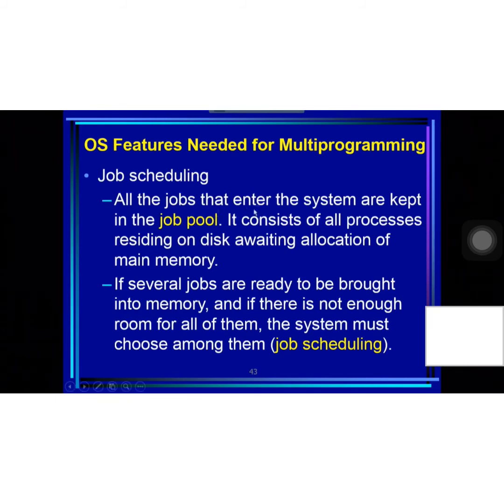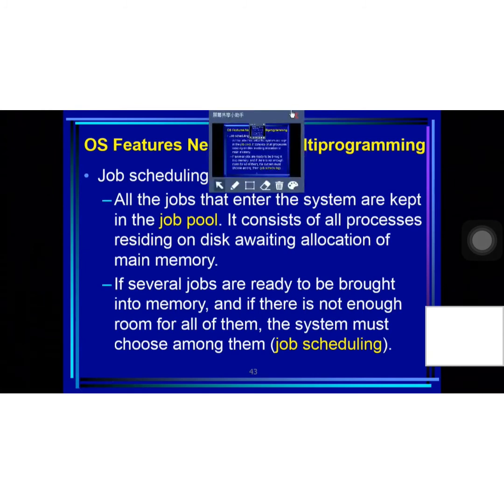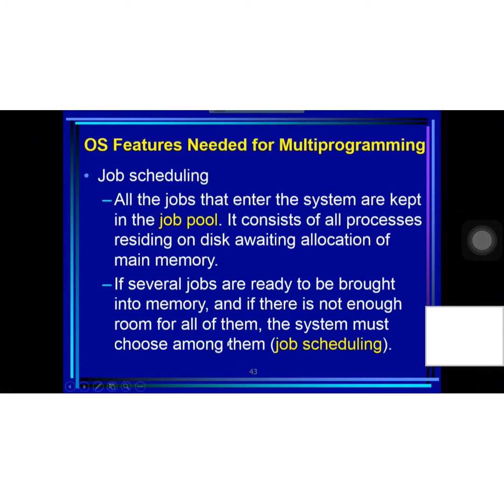All the jobs that enter the system are kept in the job pool. It consists of all processes residing on disk awaiting allocation of main memory. If several jobs are ready to be brought into memory, and if there is not enough room for all of them, the system must choose among them.